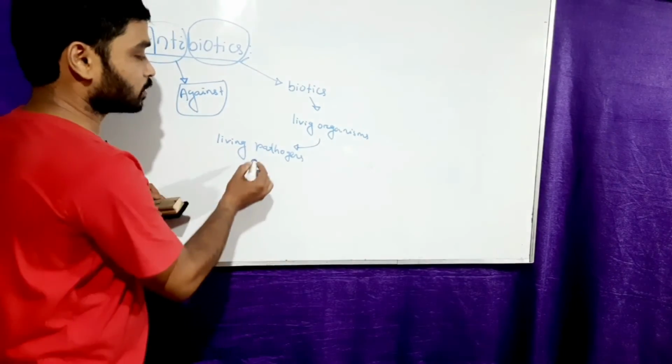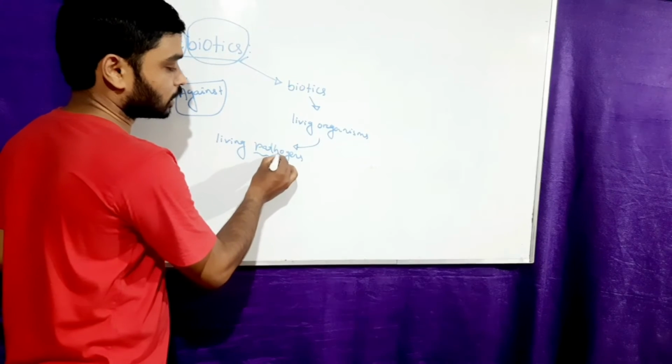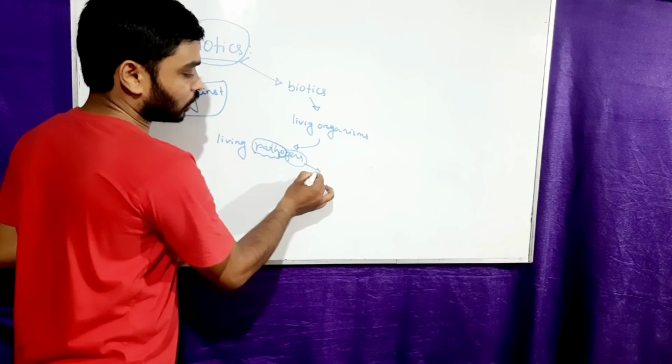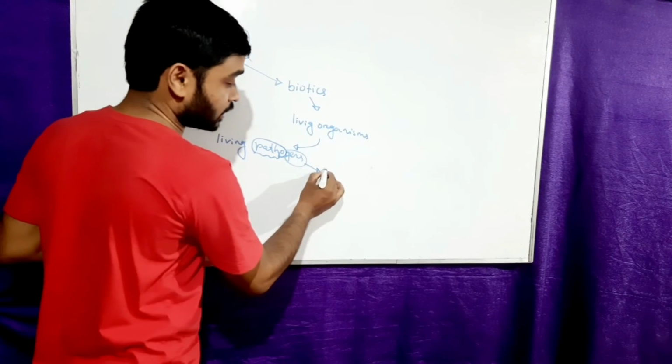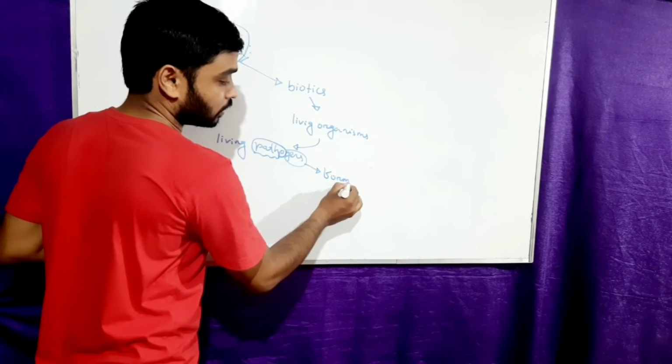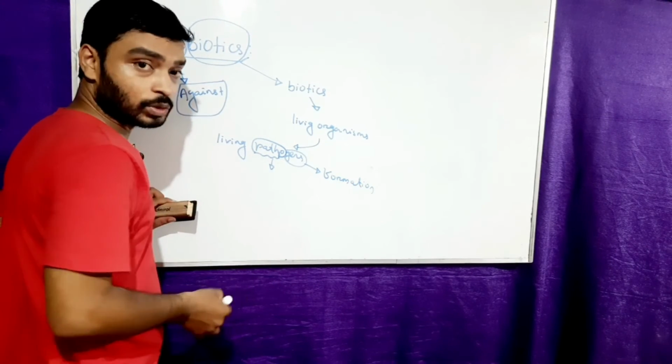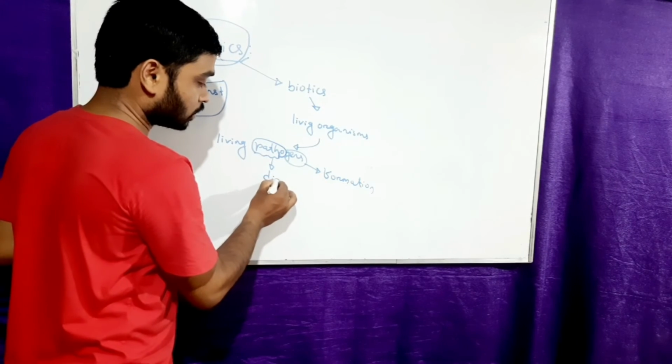So what are the pathogens? Gen means any term ending with gen has the tendency of formation, and patho is related to pathos or disease.